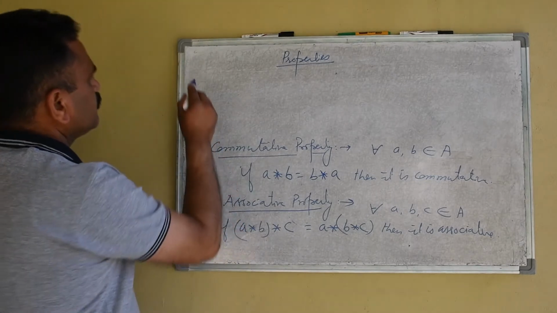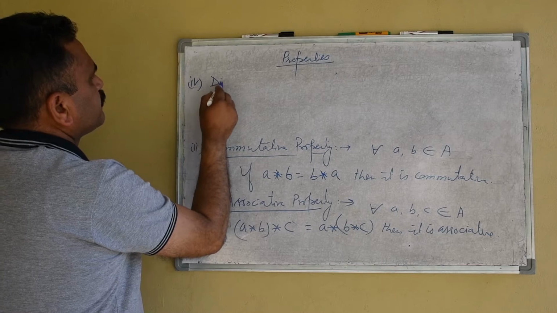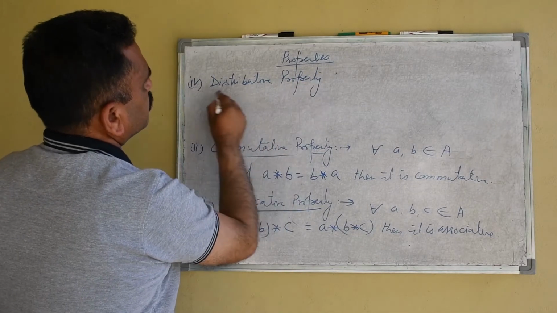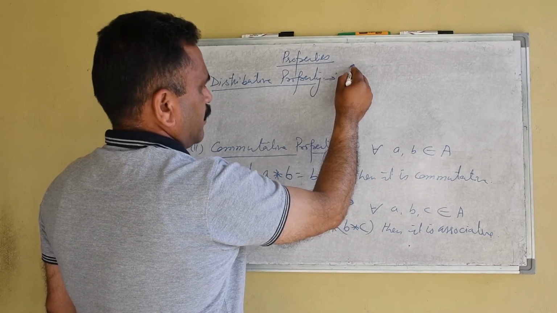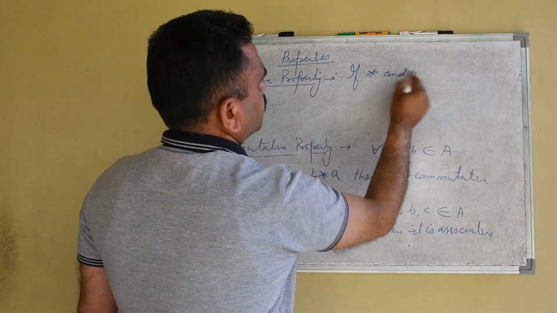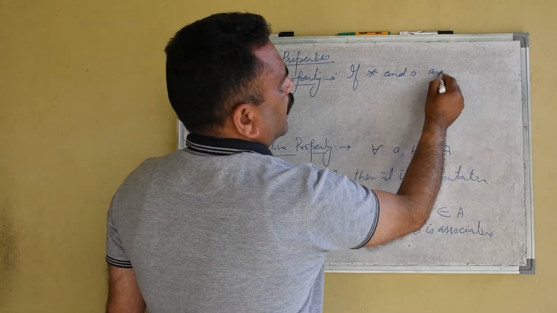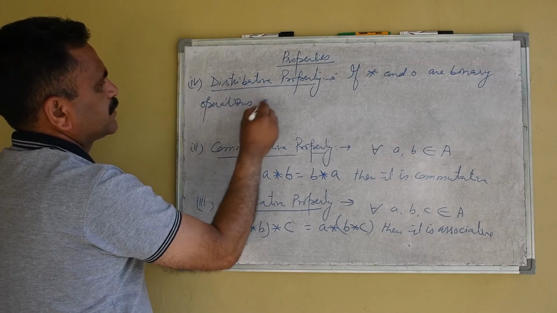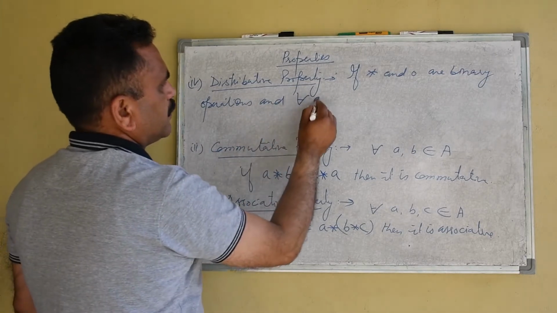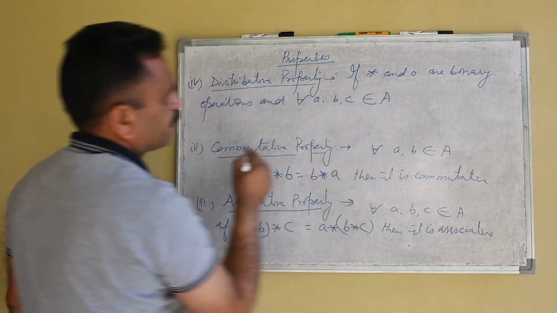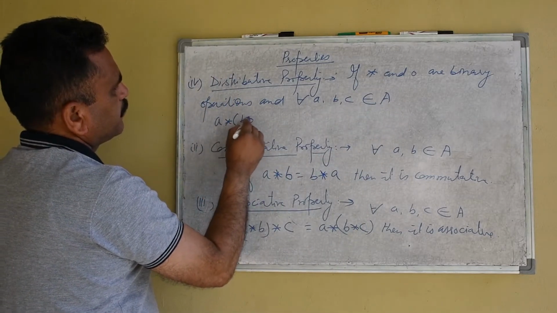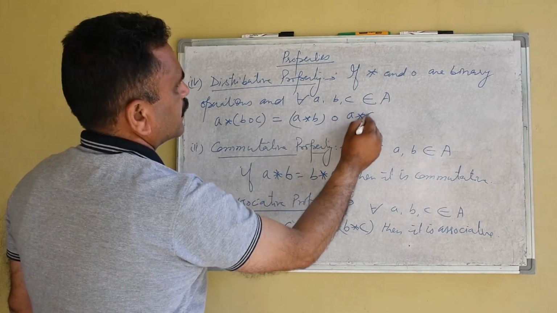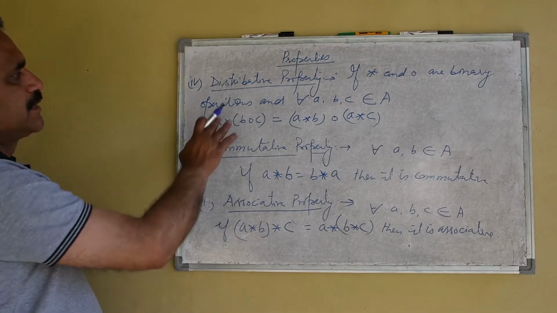Next is distributive property. If star and not are binary operations, and for all A, B, C belongs to A, A star (B not C) is equal to (A star B) not (A star C), then it is said to be distributive.